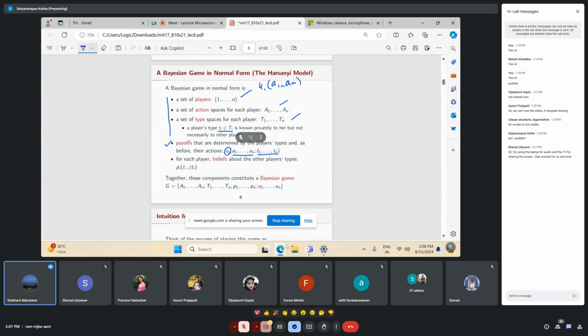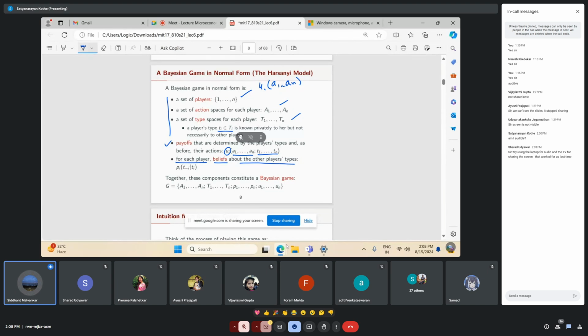And so here each player has a belief, okay, about the other players' types. So each player has beliefs, that is understanding, that a particular player is of some type. Clear?